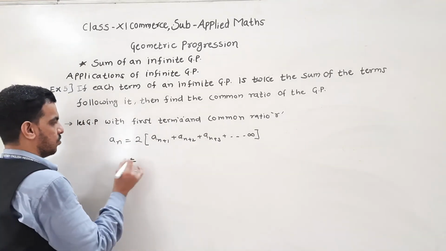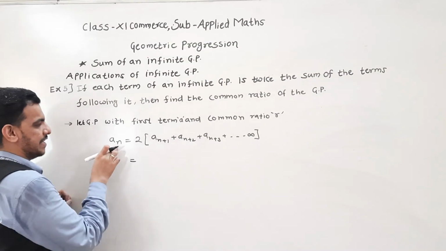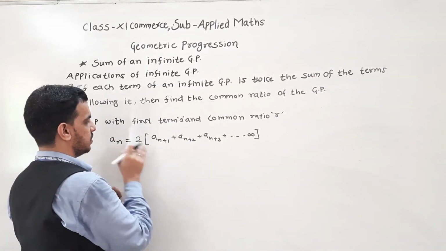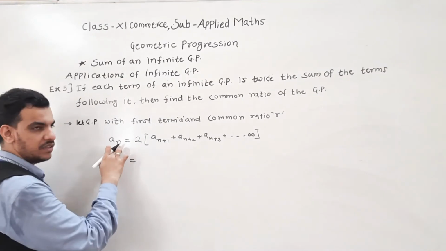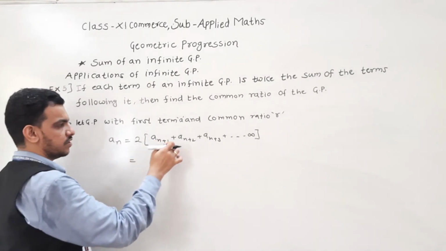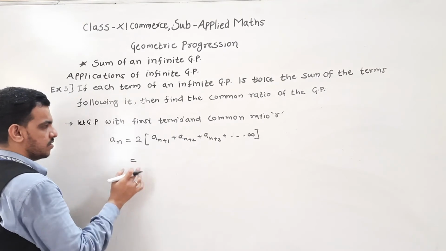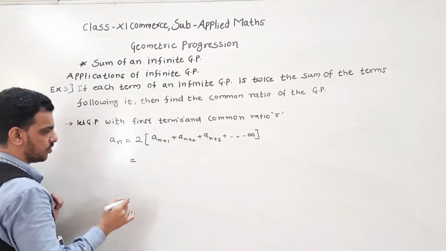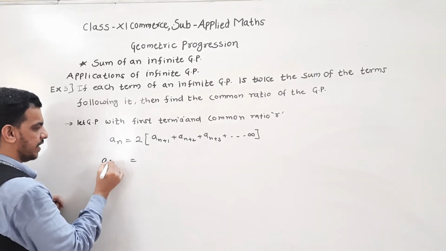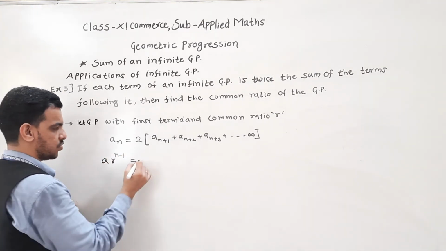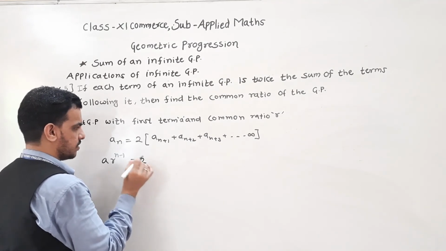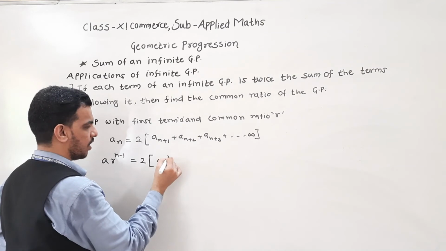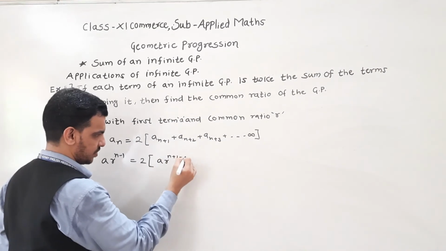Okay, now I am considering the general term, that is the nth term. So the nth term is equal to 2 into the sum of the terms following it. Means after n, which terms are there? The n plus 1 term, the n plus 2 term. So the nth term we can write as a into r raised to n minus 1, is equal to 2 into this n plus 1 term, a into r raised to n plus 1 minus 1.